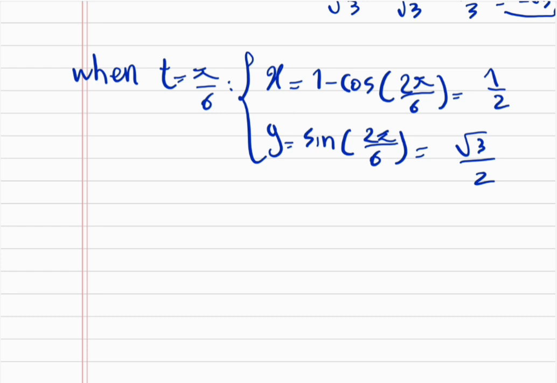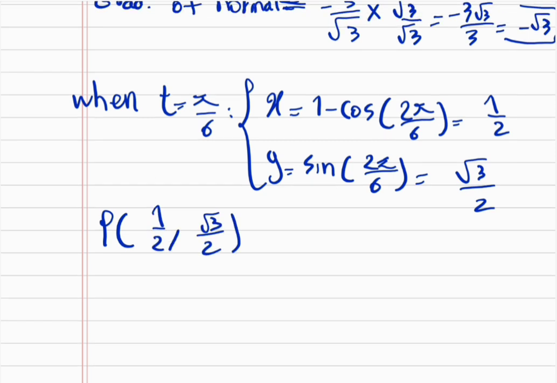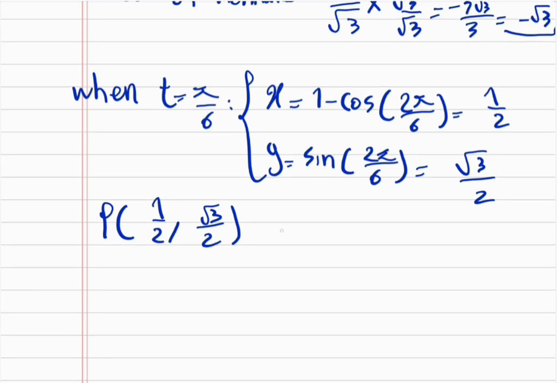Now we can form the equation, because ultimately we want to, so P has the coordinates a half, root 3 over 2, and we want to find the equation of the normal, and the gradient is minus root 3.